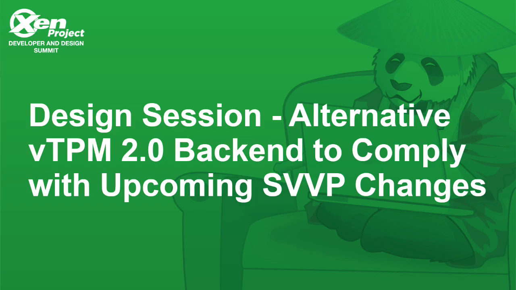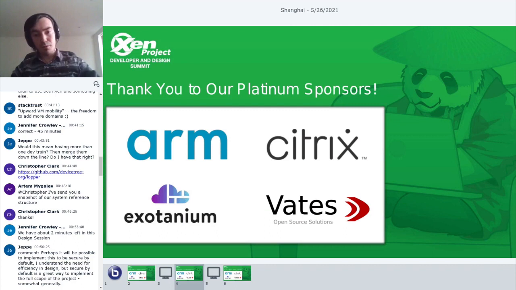So I'm Igor Druzhinin, and I work at Citrix on the Citrix hypervisor product, and mainly responsible for some of the low-level maintenance work, like bug fixing, supporting our cloud customers, bug investigations, all sorts of stuff.